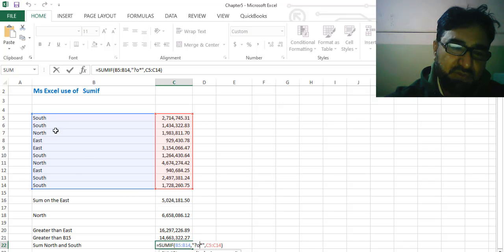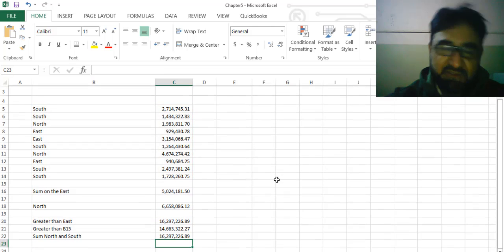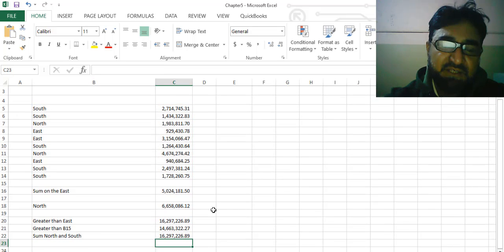So we can see that O is used in south and in north. So Microsoft Excel is taking into consideration the total of south and the total of north, because these words contain O, comma, then we give the range for this. This is how we can analyze our data.